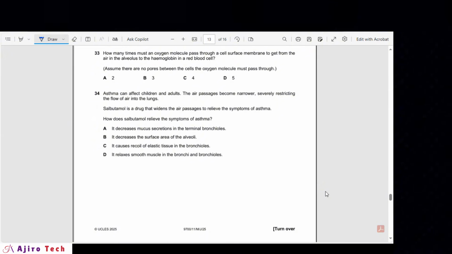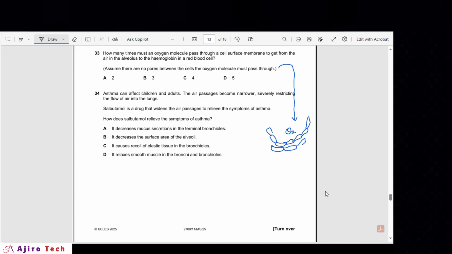How many times must an oxygen molecule pass through a cell surface membrane to get from the air in the alveolus to hemoglobin in the red blood cell? We can visualize this question like this: we have the alveoli wall. What do we have in the alveoli wall? We have the epithelial cells. Then we have an oxygen molecule inside the alveolus, and very close to it we have the capillary.